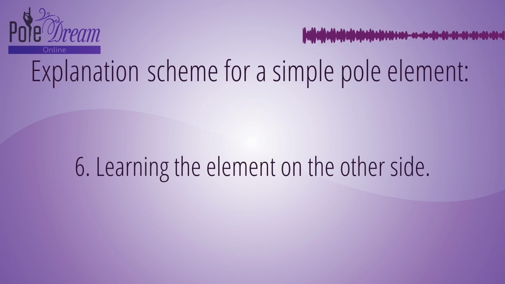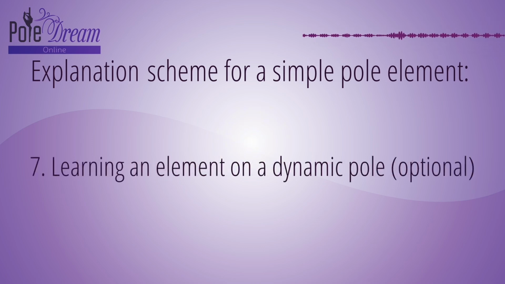And number 7 is learning an element on the dynamic pole. This is optional and not obligatory. And let's say I write it here in the scheme because sometimes we use it.